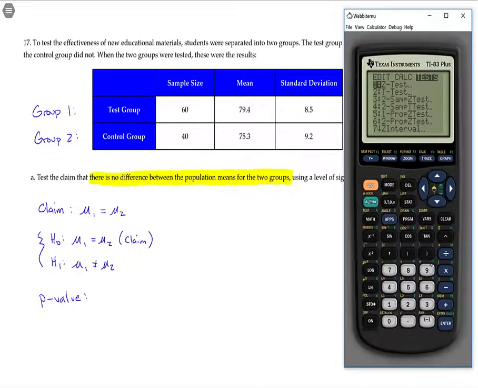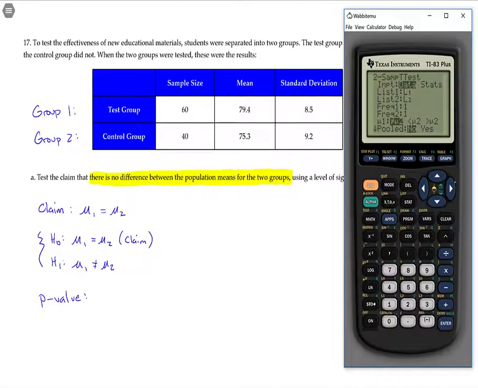And we're going to use a two-sample t-test, not a two-sample z-test, because the standard deviations that are given are standard deviations for the samples. We don't know what the standard deviation for the populations are, so we're going to use a two-sample t-test.